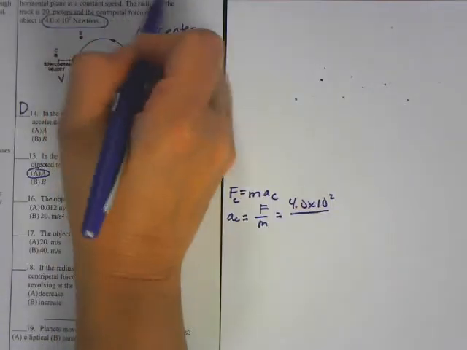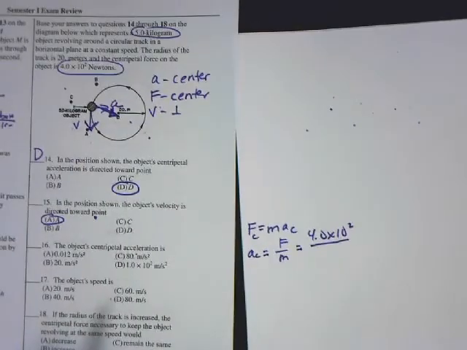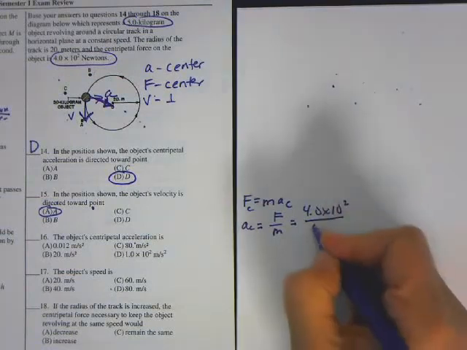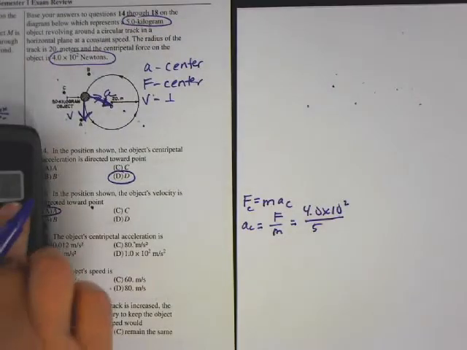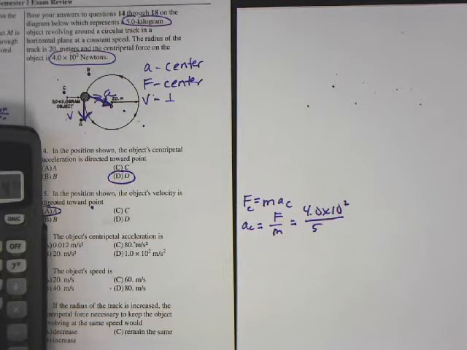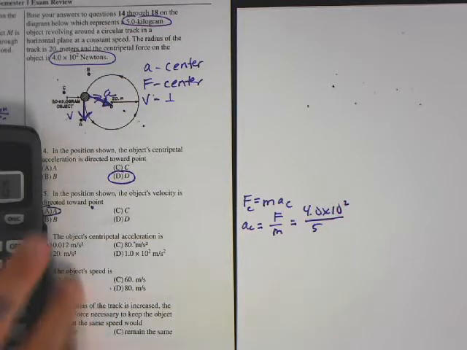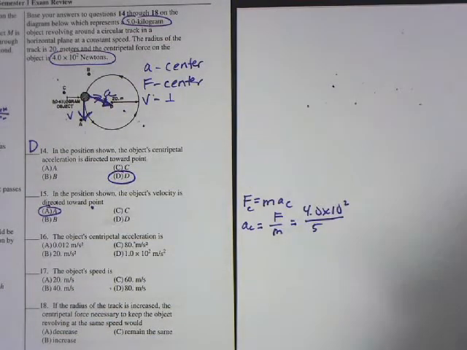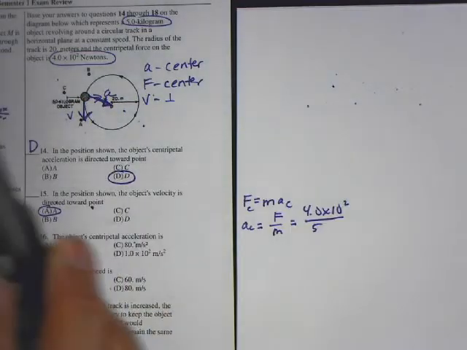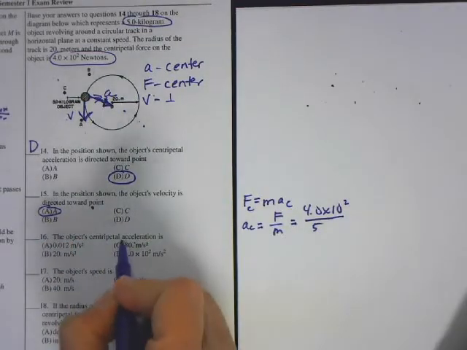It's in the problem. So now I'm going to take my calculator and say 4 EE 2 divided by 5 equals, and it comes out to be 80. So that's going to be 80 meters per second squared. That's choice C.